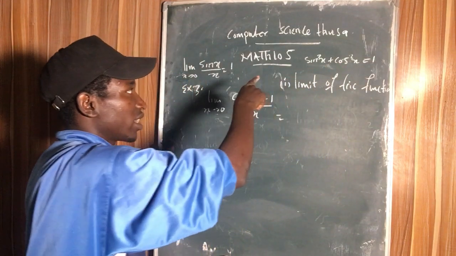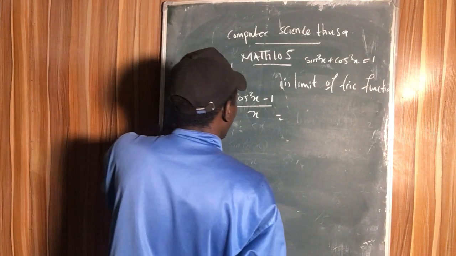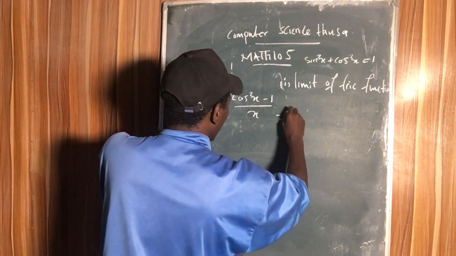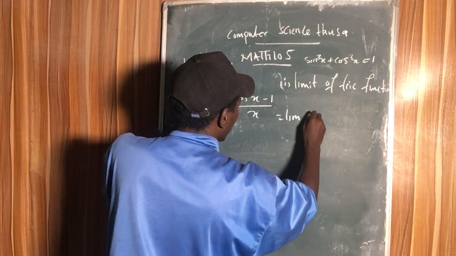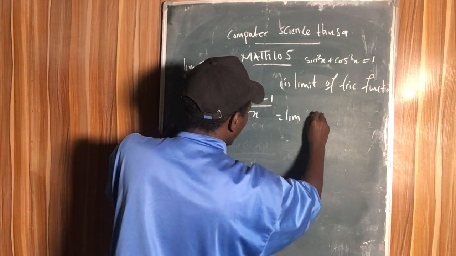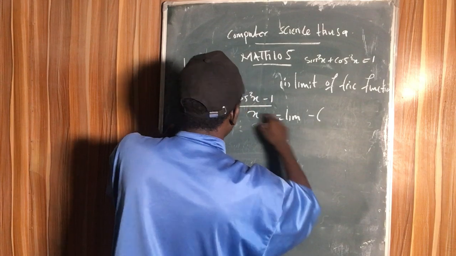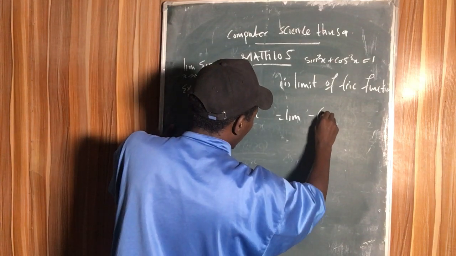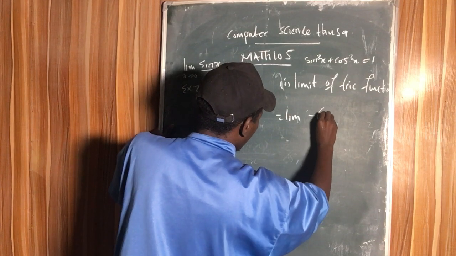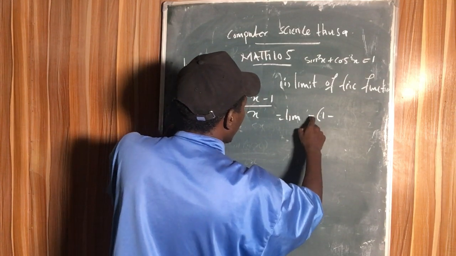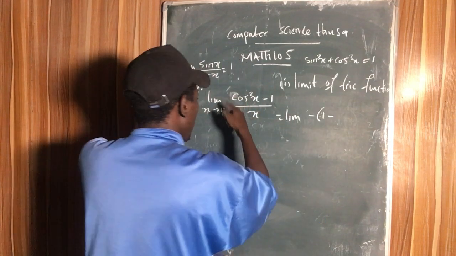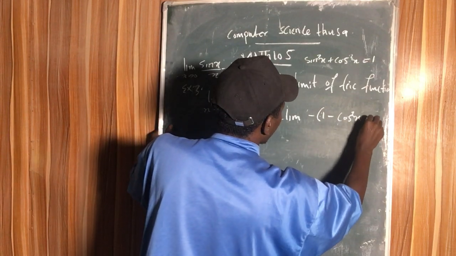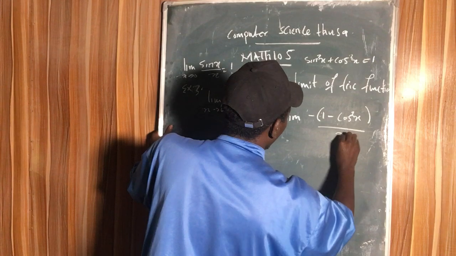We will use that trig identity here. So we have the limit of this, and we put this minus 1 as a minus, so that this becomes plus. We put 1 here, minus and minus is going to be plus, so this one is a plus. So cos square x, right, and then all over x.